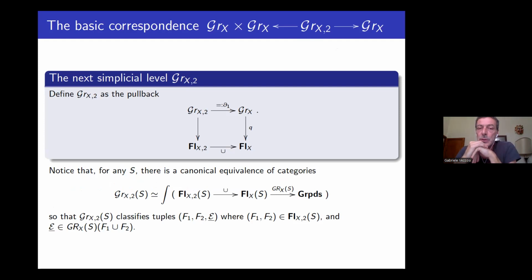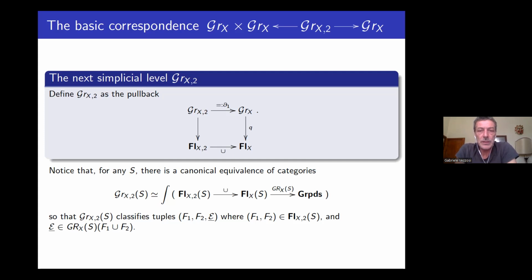Then we have the union operation on the flags, defined only for pairs of good flags. And then we take the pullback. The map from the pullback, we call it GR X2. And the horizontal map, we call it delta 1 for an obvious reason.